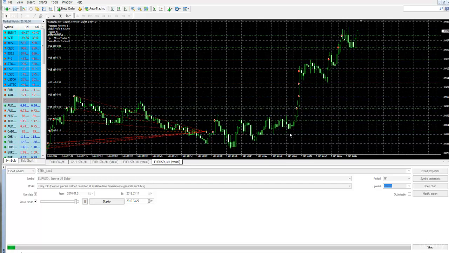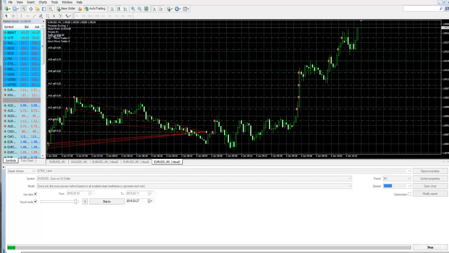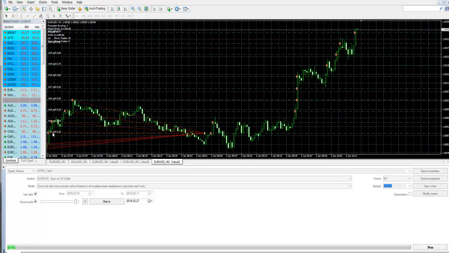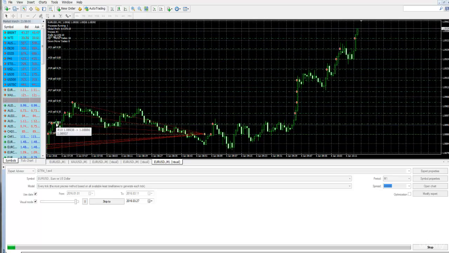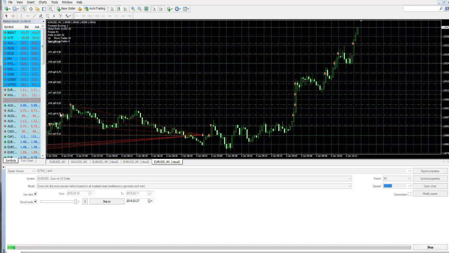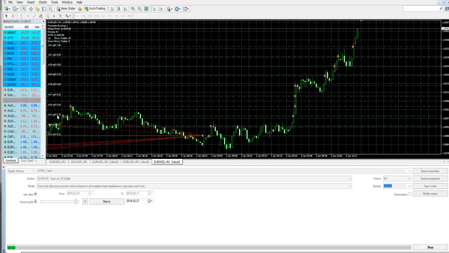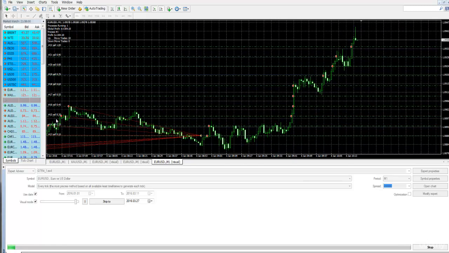You can see here that once the price moves upper, it's starting by hitting the first level and opening sell 0.1, hitting the second layer and opening the 0.2, hitting also the third layer, opening 0.3, 0.4, 0.5, 0.6. All of them are sell orders.